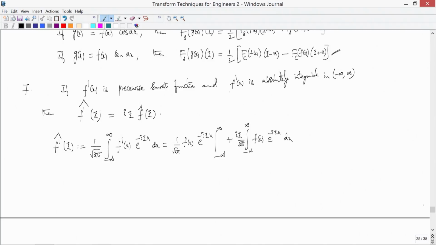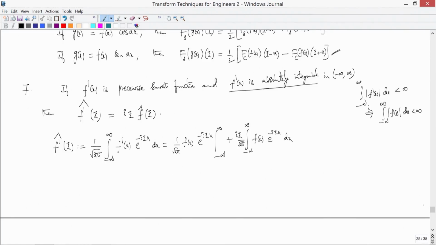Because f dash is an absolutely integrable function, f is also an absolutely integrable function. So we assume that. How do you see that if the integral of modulus f dash of x dx from minus infinity to infinity is finite, it implies that the integral of modulus f of x dx is also finite?